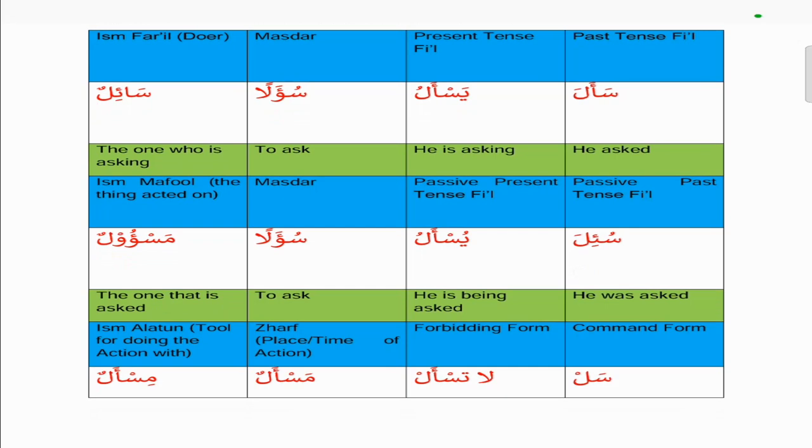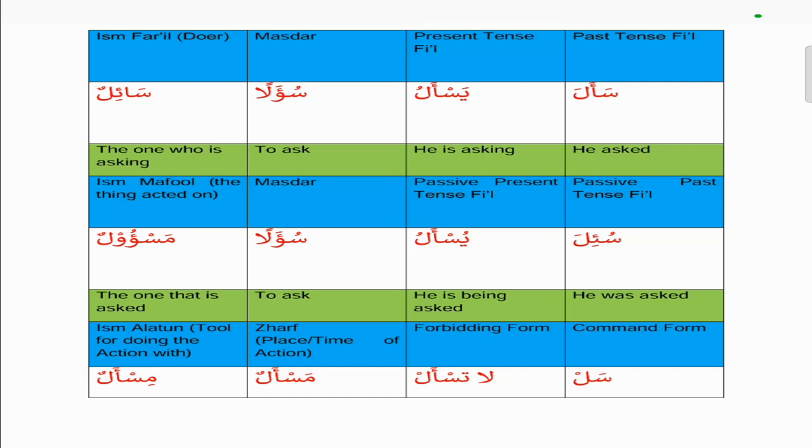And the reason why is if we go to the present tense, yas'alu, then we take the anta version, which is you masculine, so which would be tas'alu. If we make that into the lightest form, the dhamma on the lam becomes a sukoon, so it becomes tas'al. And then we drop the ta. So now because the new first letter, the sin, has a sukoon on it, and the word can't start with a sukoon, we have to add an alif.